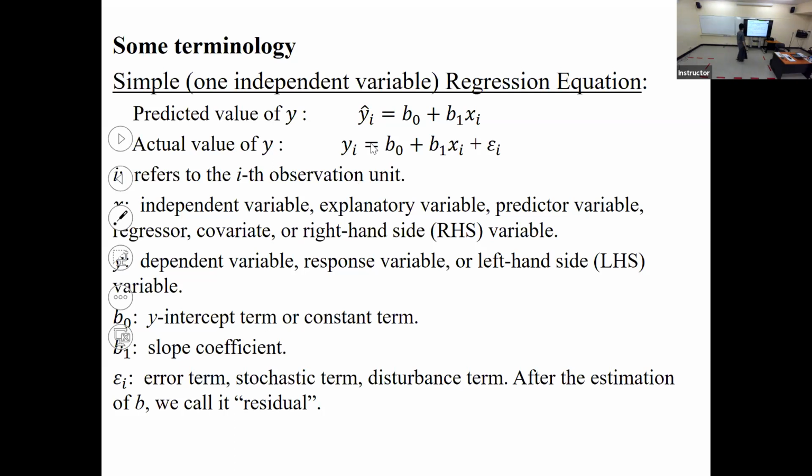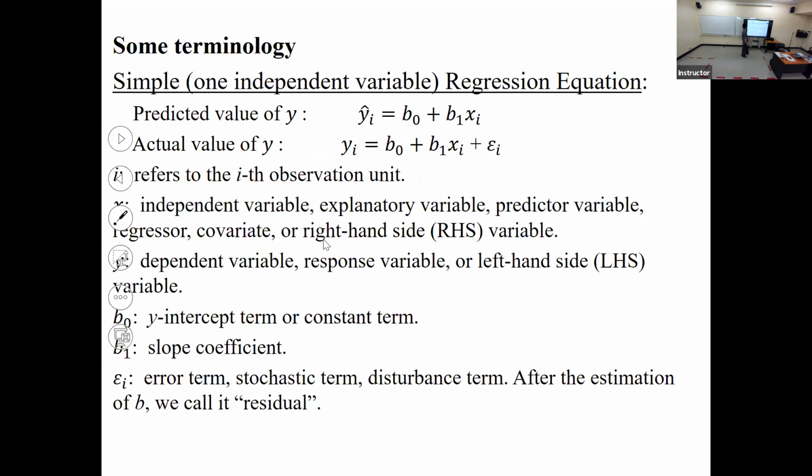If it's district, then it's like district ID number, or it can be district name as well. So i refers to the ith observation unit. If it's a sample of 100 households, then i goes from 1 to 100. And there are 100 dots.